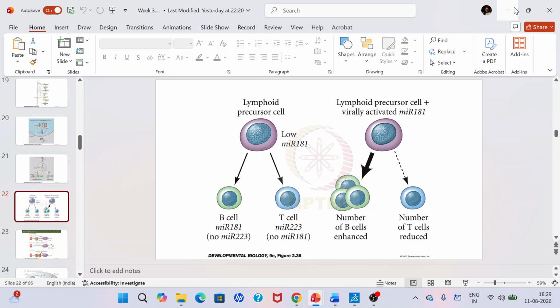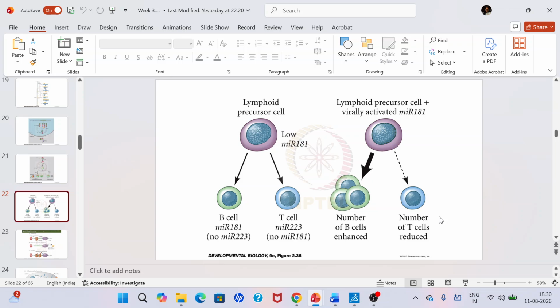Yes. So as I was telling you, in these lymphoid precursor cells, if this activated miR-181 is included, then it will lead to the formation of an enhanced number of B cells and a decreased number of T cells.